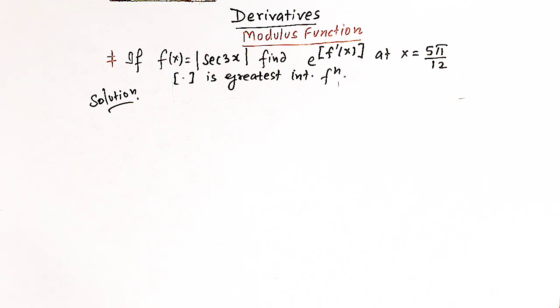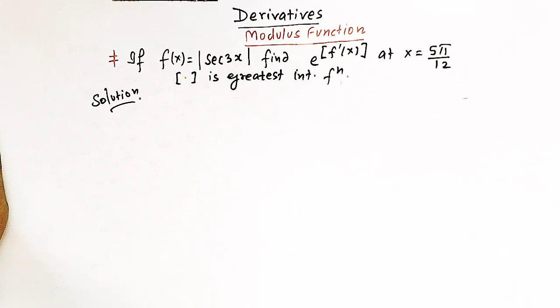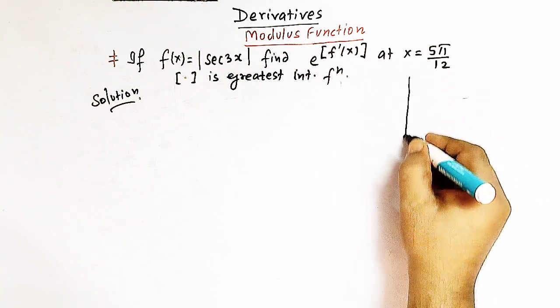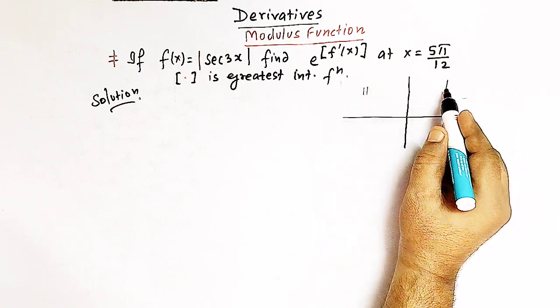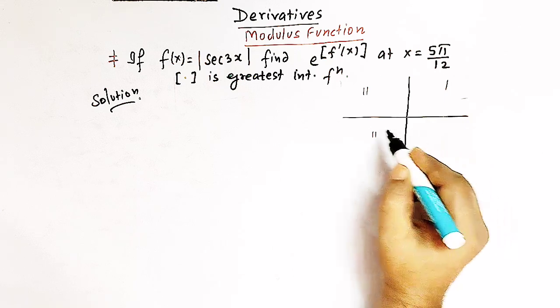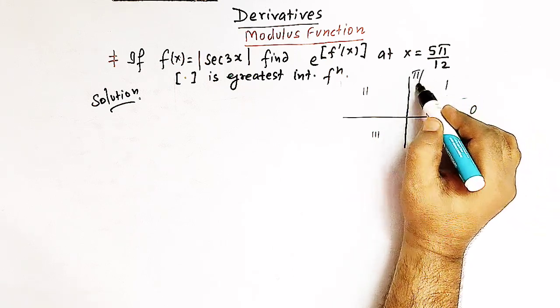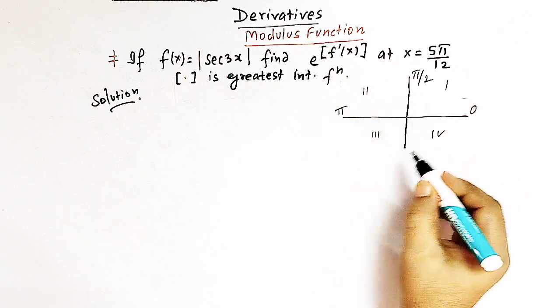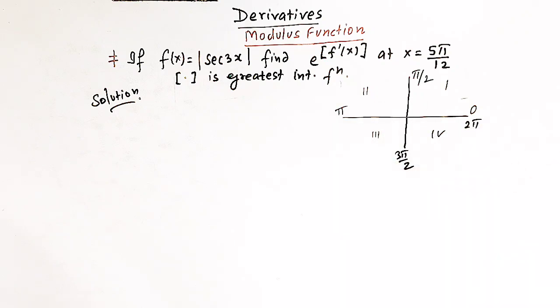So let us start. Let us first quickly see the sign convention of trigonometric functions in the four quadrants. So here we have the four quadrants. This is first, second, third, and fourth. Here we have 0, here we have pi by 2, here we have pi, here we have 3 pi by 2, and then we have 2 pi, right?